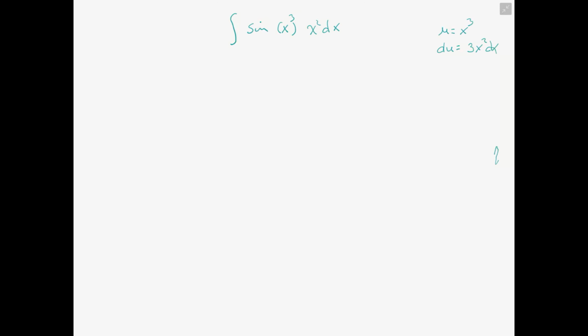So we got u equals x to the third, du equals 3x squared dx. So what are we missing? We're missing 3. So 3, and then we take 1/3 out here. And now we've got sine u du.